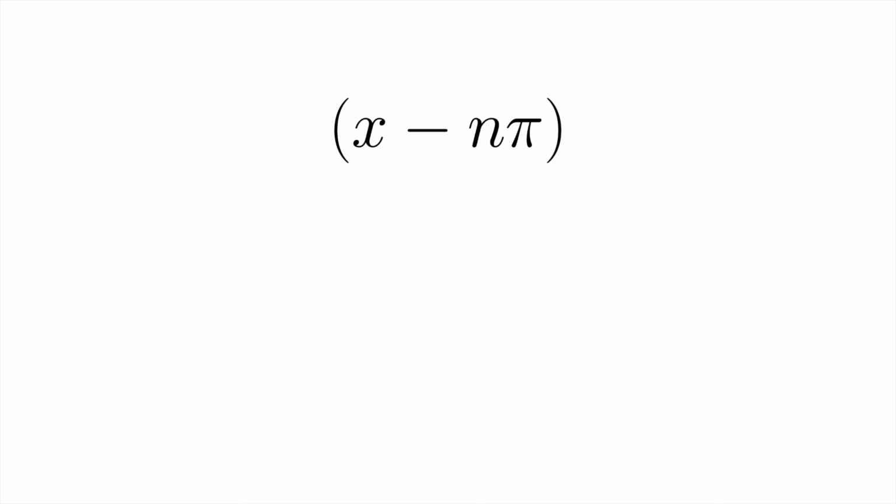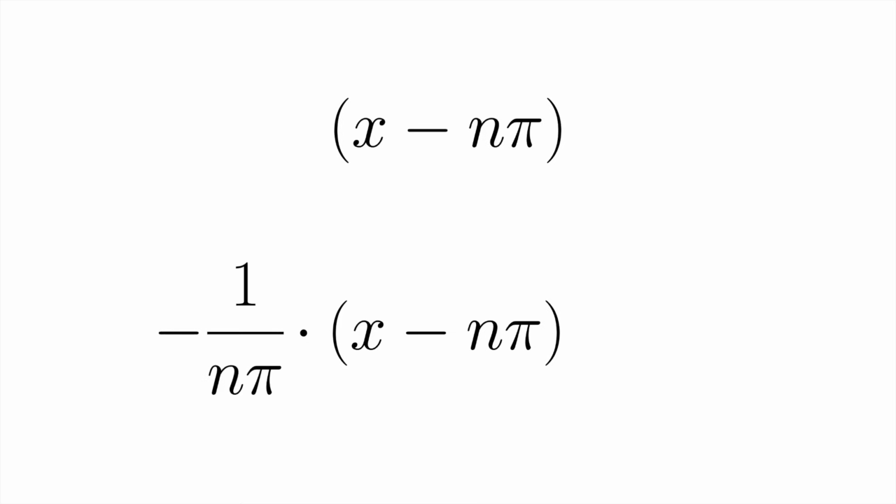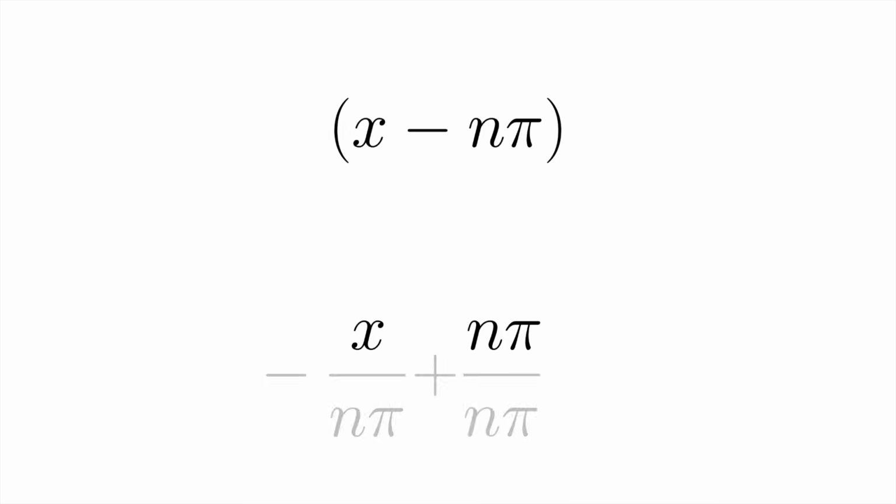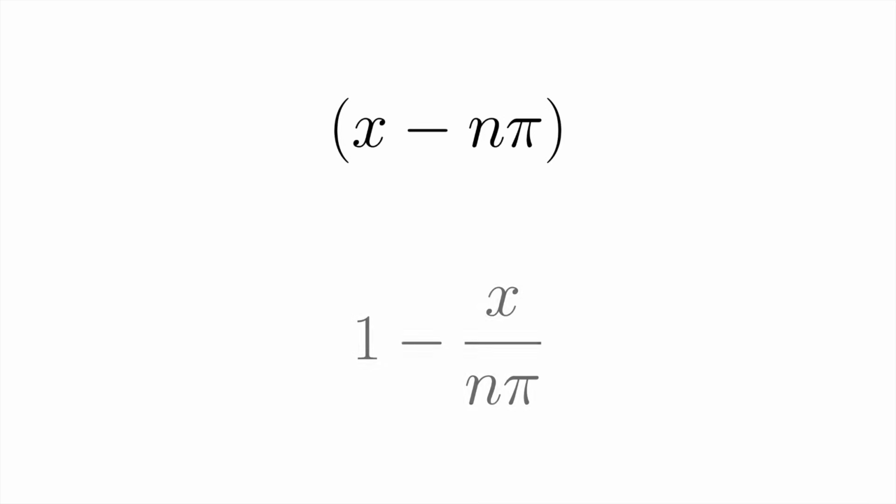In particular, we can multiply this x minus n pi by any constant that we choose, and we'll still have a linear function which is 0 at n pi. In this case, the constant that I want to multiply by is minus 1 over n pi. When I perform that multiplication, what I'm left with is the linear function 1 minus x divided by n pi.